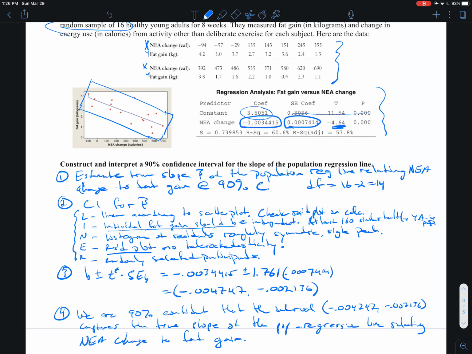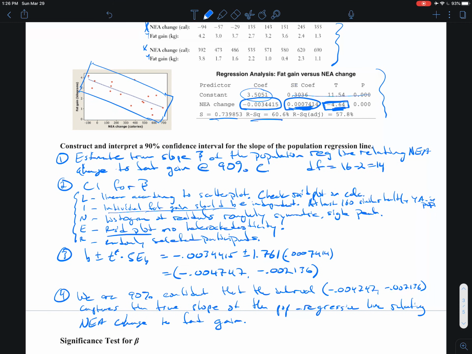We want the standard error of b. We will use this number eventually, but it is not for the confidence interval procedure. That's going to be for the test statistic. And then these, again, go back to our regression fundamentals and otherwise aren't used in the procedure.